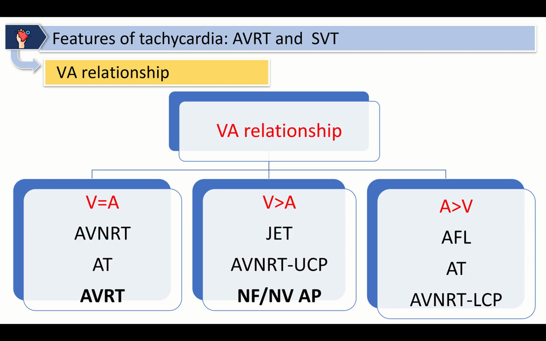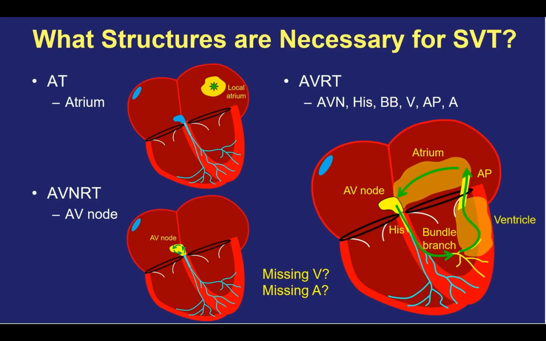You may find V more than A, like junctional tachycardia and the AVNRT with upper common pathway block, and you have to discriminate. And we know about this because in atrial tach it may be dissociation, A more than V. In AVNRT usually one-to-one conduction. However, atrium and ventricle are not necessary structures in AVNRT, so in case of common pathway block it may be dissociation. But in AVRT and accessory pathway, it's a different story.